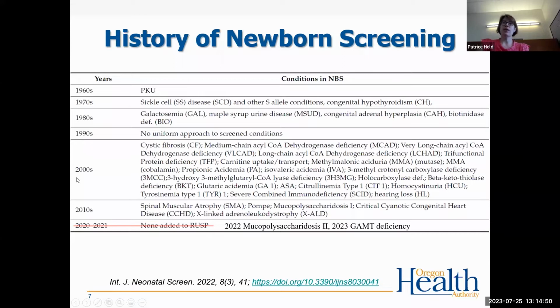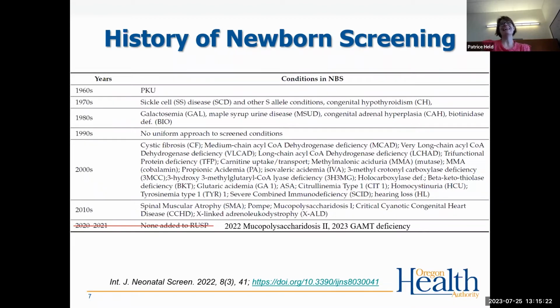Also in the 2000s was the addition of our first molecular test, severe combined immunodeficiency, and also our first point of care test for hearing loss. In the 2010s, states brought on screening for spinal muscular atrophy through another molecular-based assay, as well as screening for lysosomal storage disorders and one peroxisomal storage disorder.